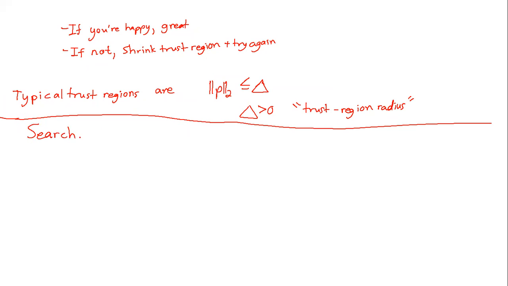So here are concepts in search directions for line search. Where is pk coming from in a line search?